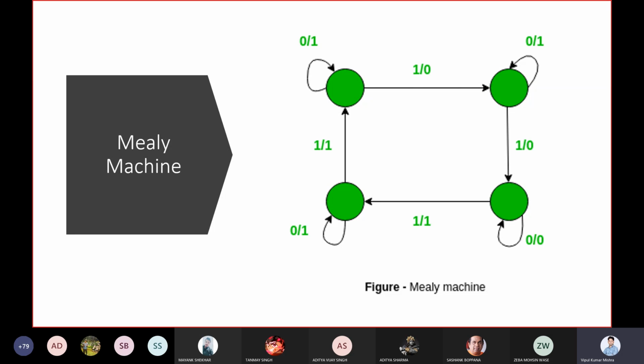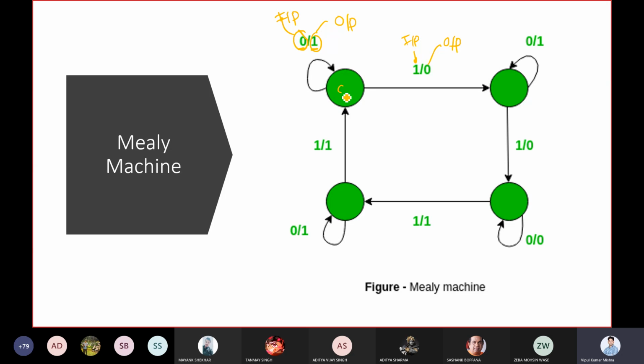Now there is another kind of state machine where every input is associated with an output. Here this one is the input and this one is the output. Similarly, this one is the input and this one is the output. Every input is associated with one output.